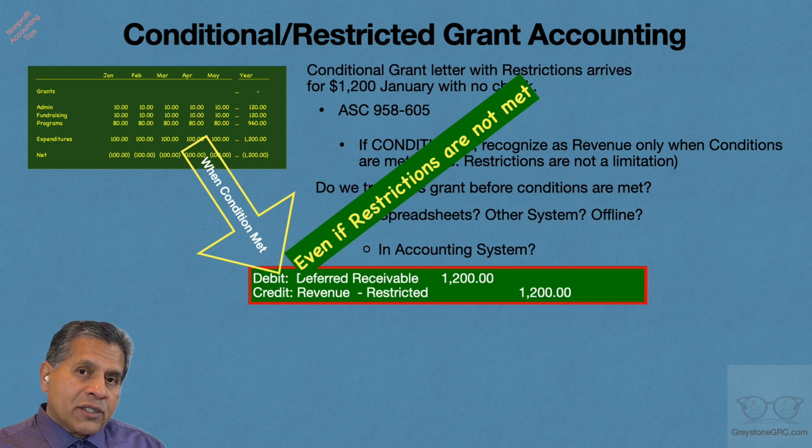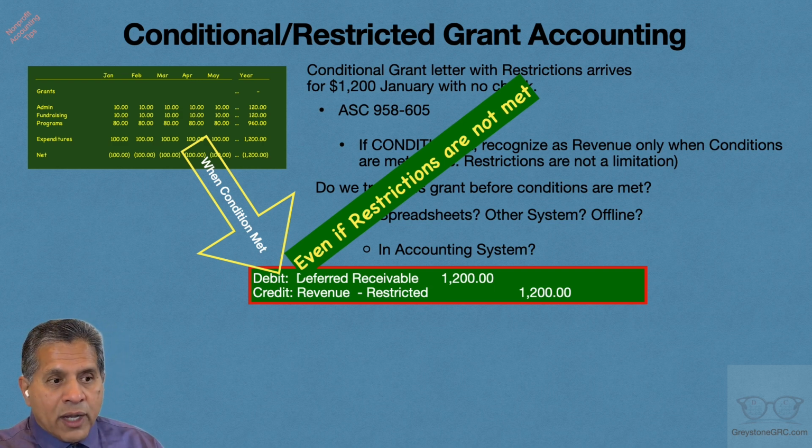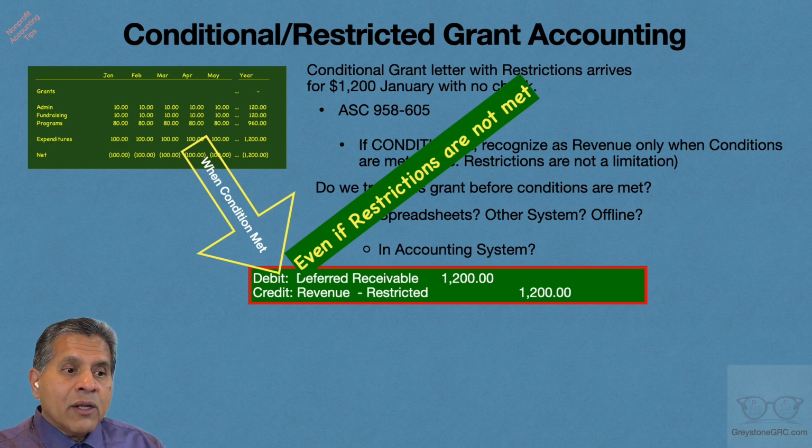So you need to process an entry to bring it back from net assets into revenue restricted, recognizing that this was an entry that's conditional and restricted, which met the conditions, however, had not met the restriction. So let's go back to the model where we're having the whole transaction take place in the current year, so we don't have a crossover from one accounting year to another.